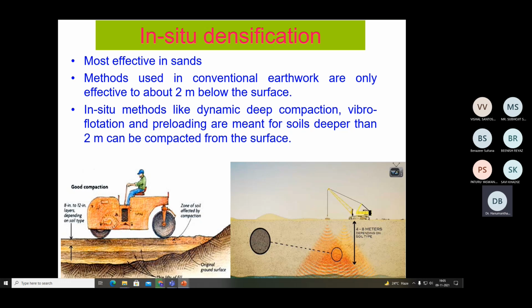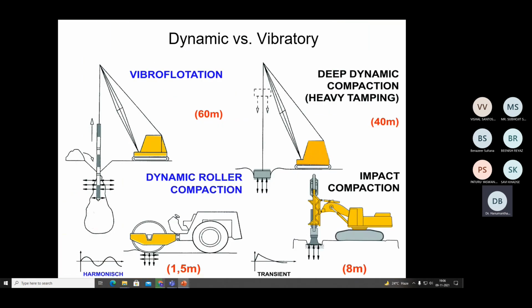Static means you don't apply a number of blows; you apply only a constant load and allow it to densify the soil sample. If you apply the same load repeatedly, by default it becomes dynamic. So deep dynamic compaction means you are densifying the soil at deeper depths with the help of repeated blows. That's the meaning of deep dynamic compaction.